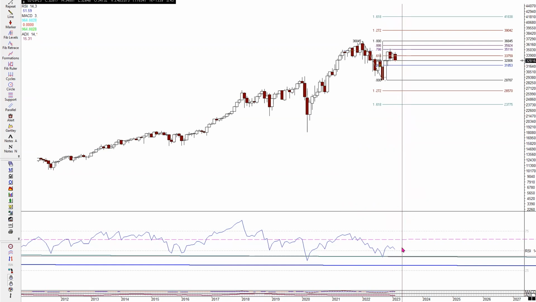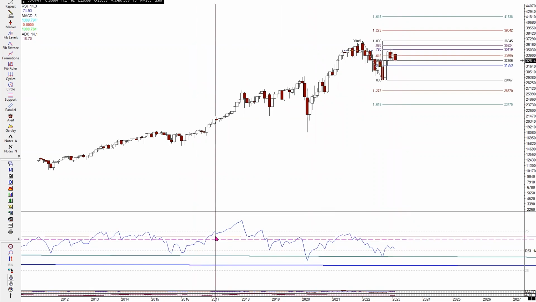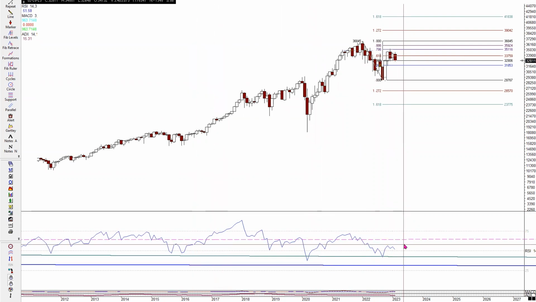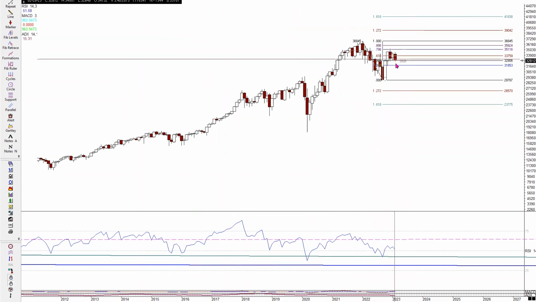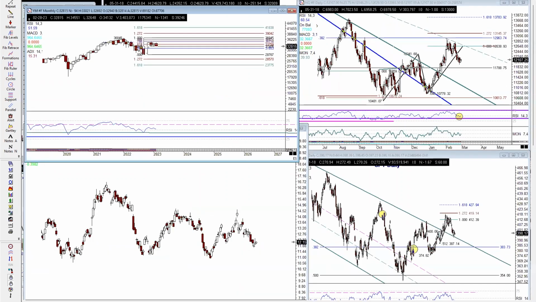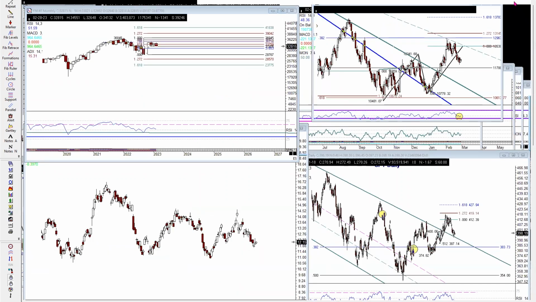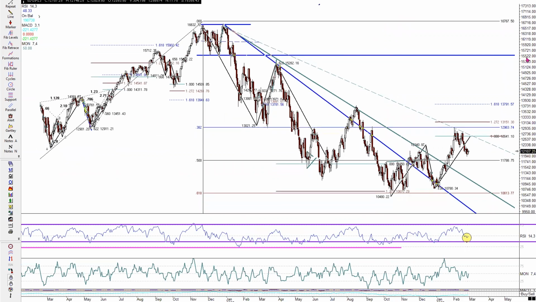So for the market to really do an acceleration like this again, we're going to have to see the RSI start to break some of these resistance levels and see a nice move like this start to occur. So I do think we might see a bit more downside right now on the index, but let's go to the Nasdaq now and take a look.